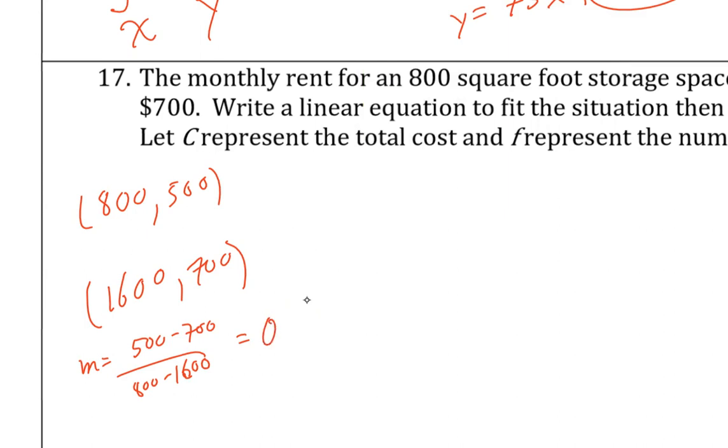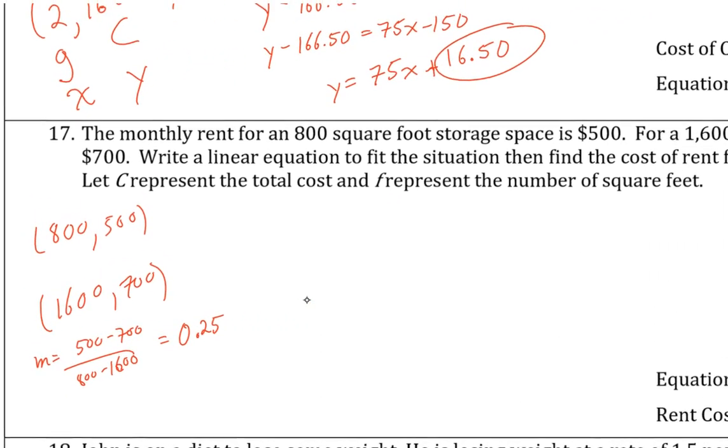So we'll go ahead and leave that as a decimal, or you can convert it to 1/4. Either way is fine. All right. Now, again, we talked about a variety of ways here, so I'm just going to go with the point slope. I like that point slope. The point slope is kind of just quick and easy. So I'm going to go ahead and use this point and my slope here. So I have Y minus 500.